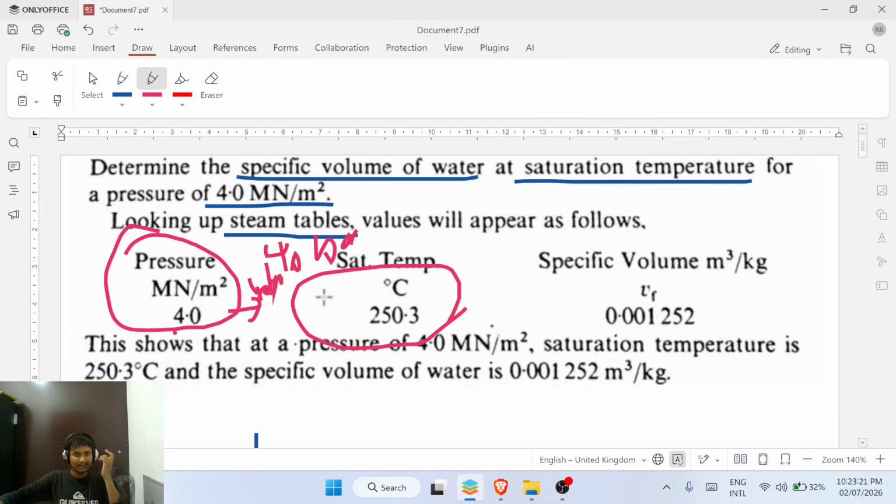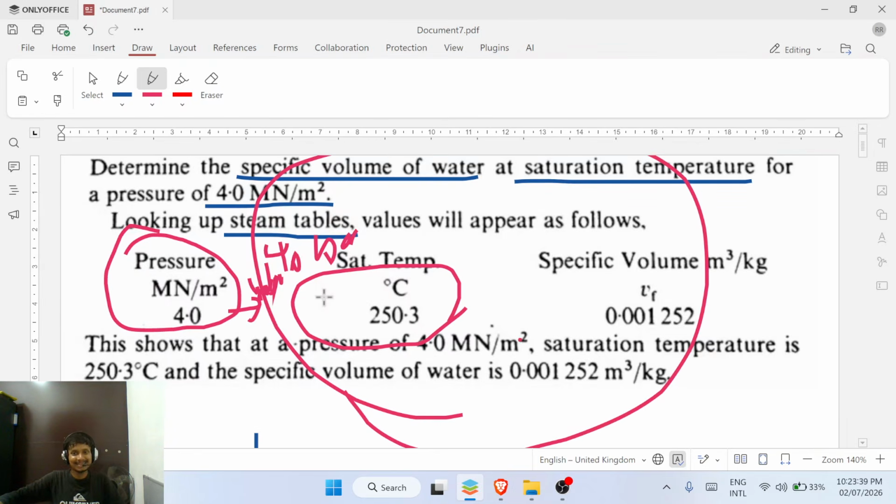That's the main thing. This shows that at a pressure of 4 mega Newton meter minus 2, which is 40 bar, the saturation temperature is 250.3 degrees Celsius and the specific volume of water is 0.001252 meter cube per kilogram. There is no question, that's the explanation. Now I have mostly covered everything. We have to prepare only one last question. Next video we can discuss that.